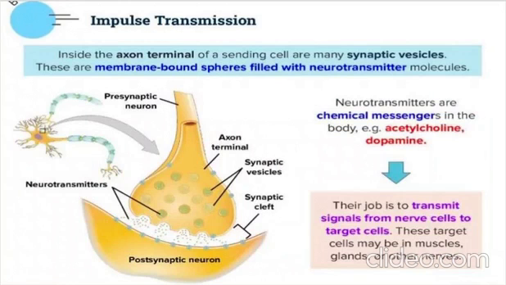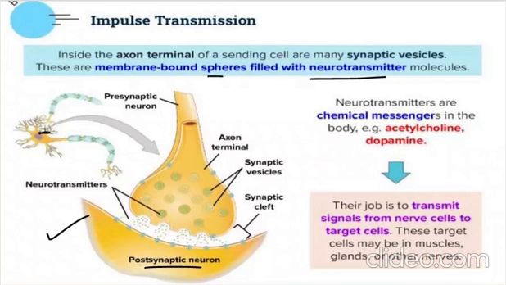Now, inside the axon terminal of a sending cell, there are many synaptic vesicles. These are membrane bound spheres filled with neurotransmitter molecules. In this part you can see the presynaptic neuron, then the postsynaptic neuron, where pre and post mean before and after.